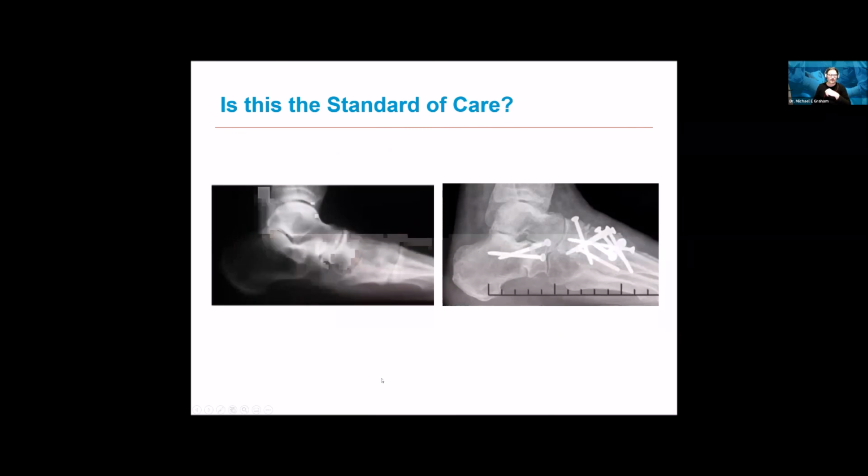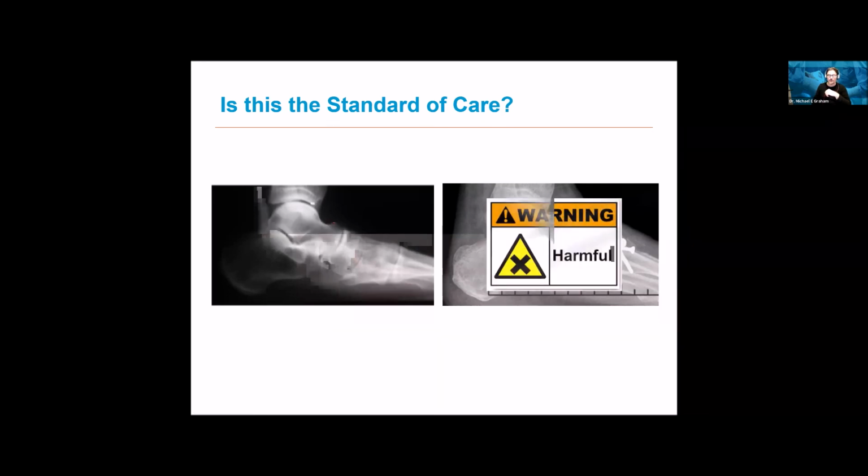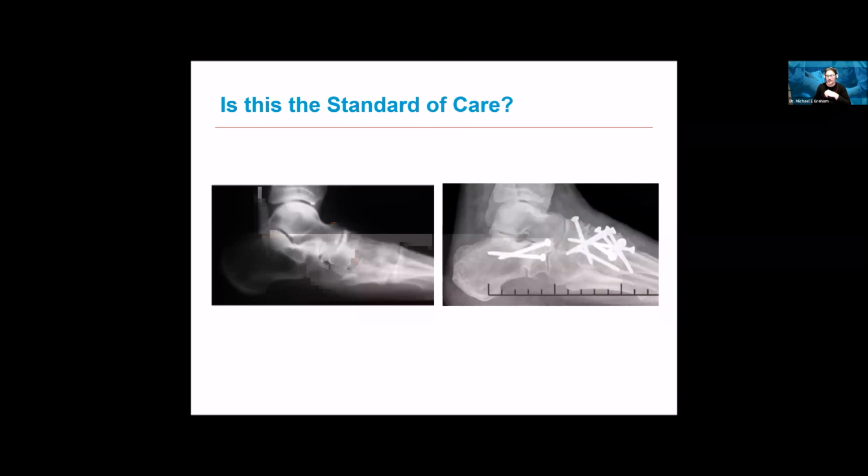So this is from an orthopedic journal, the pre-op and the post-op of the patient. And they said that this is within the standard of care. I beg to differ. This is not within the standard of care. This should not be the primary surgical option that this patient is given. This should be labeled with a warning sign that this is harmful. Think about it. You've gone in and performed an Evans procedure and a midfoot fusion.